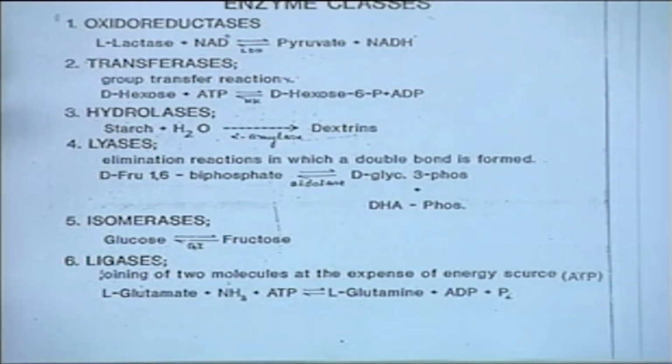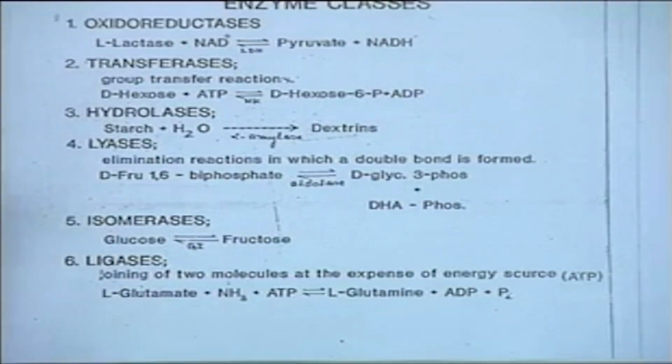Oxidoreductases: a bulk of the oxidases, reductases and dehydrogenases fall under this category. The transferases involve group transfer reactions, where one of the functional groups, let us say a substrate molecule, is phosphorylated. Usually they are bisubstrate reactions, involving 2 substrates.